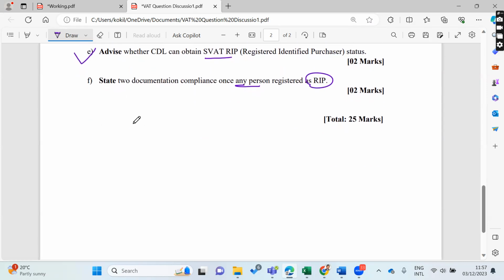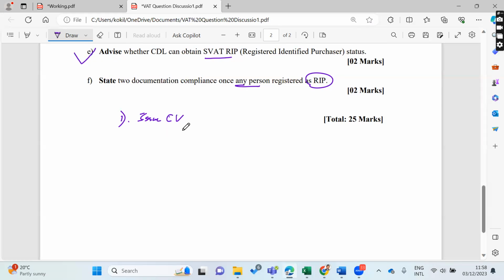Anyway, they have to issue a credit voucher. CV means credit voucher.